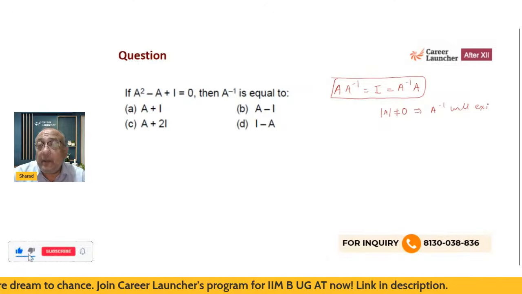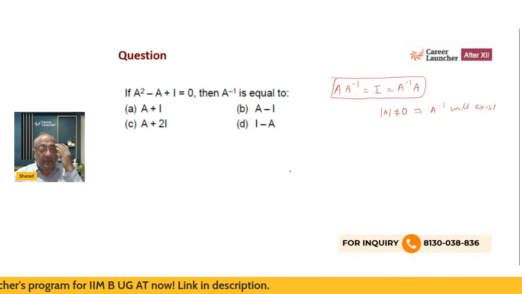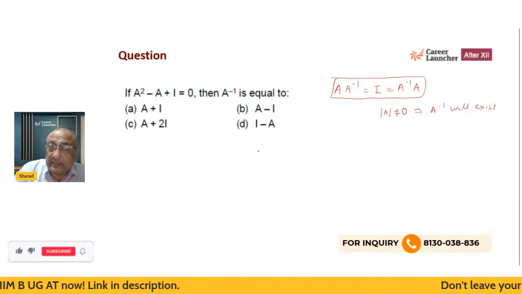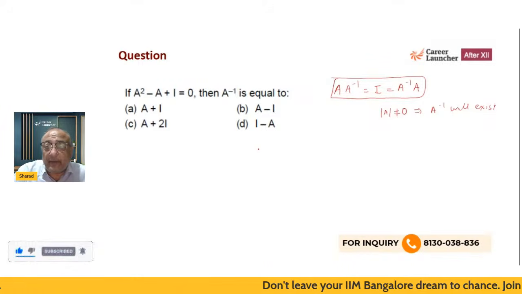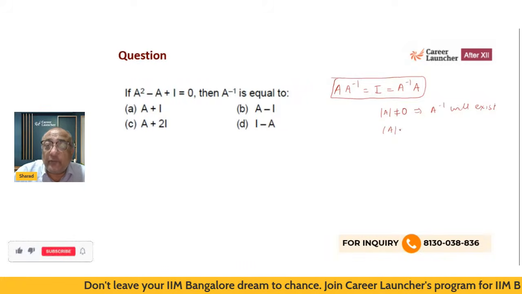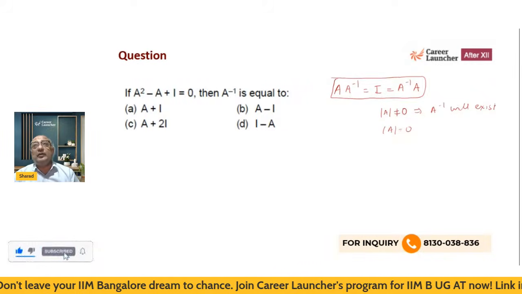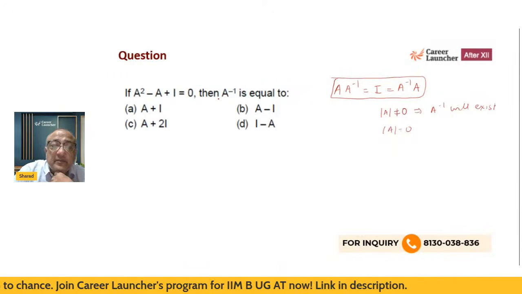If determinant of A is 0, then A inverse will not exist. So that is how you have to remember. And matrices where determinant of A is equal to 0, we call non-invertible or singular matrices.